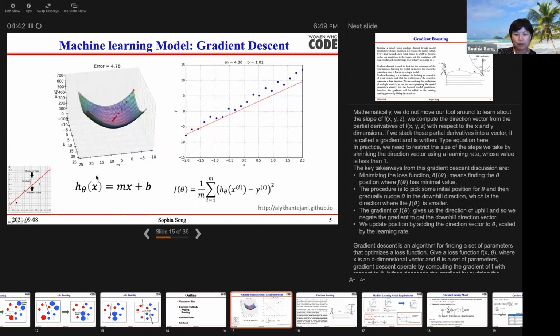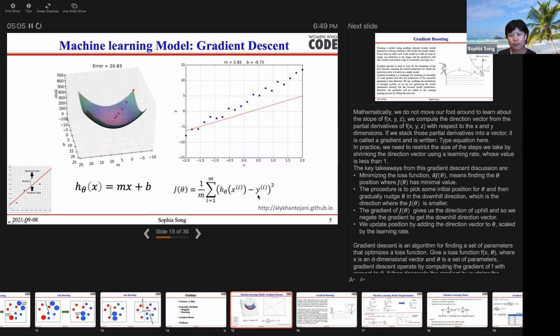For example, for this model, the parameters are M and B, right? We are trying to find the values of these 2 parameters, M and B, that make the loss function, the difference between your prediction value and your real value, as small as possible. That's the purpose.